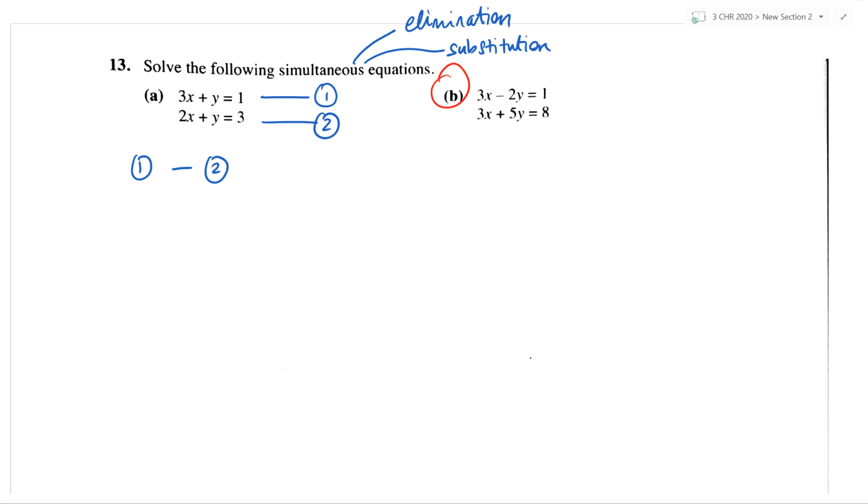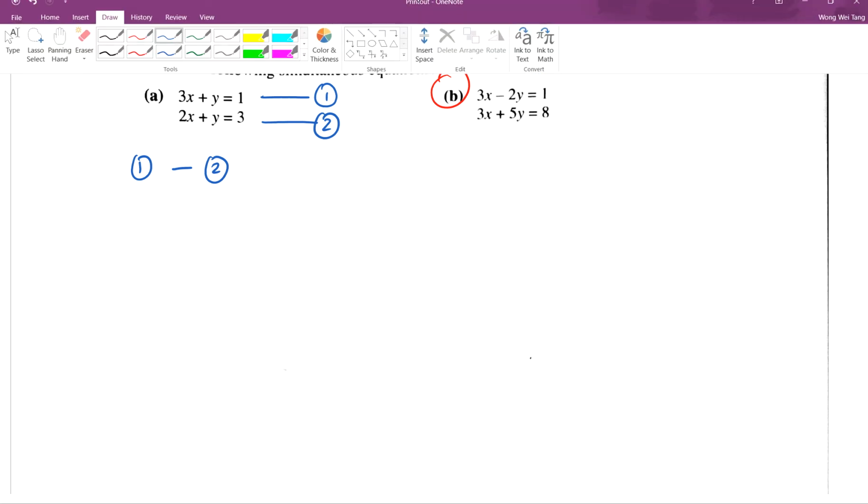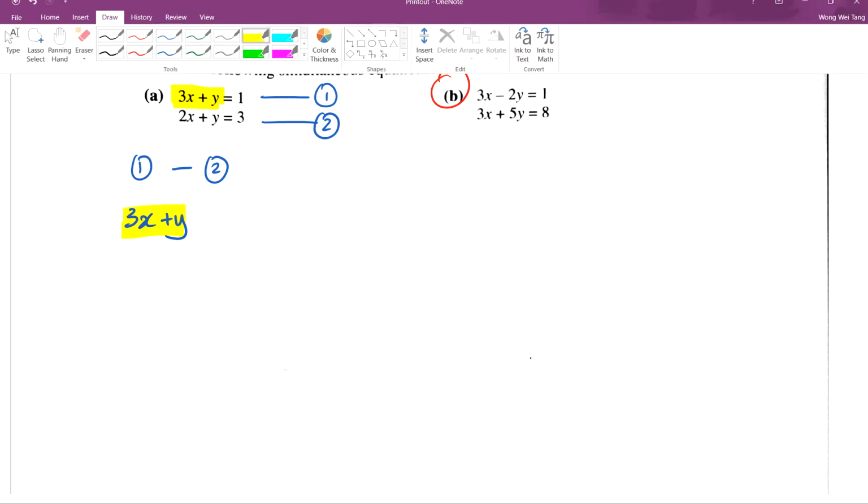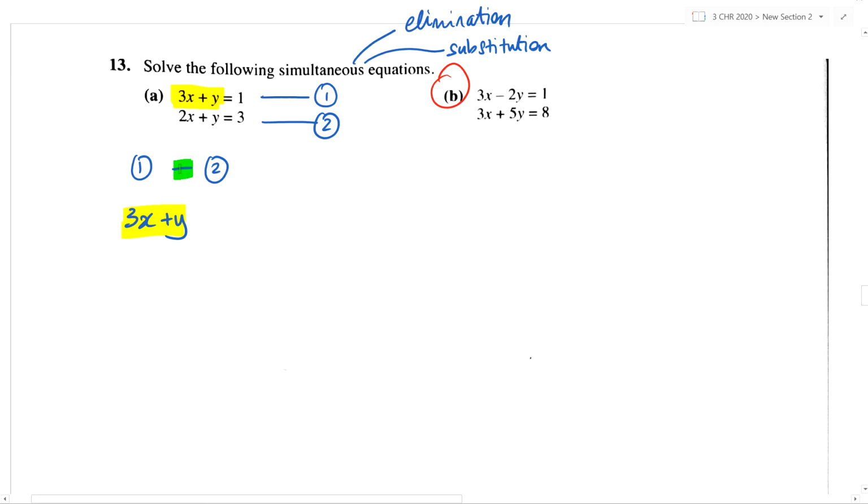So now we are going to compare all the left hand side of equation number 1. We're just going to copy that down, 3x plus y. Okay, so this is the highlighted part, yellow. Now we have minus.